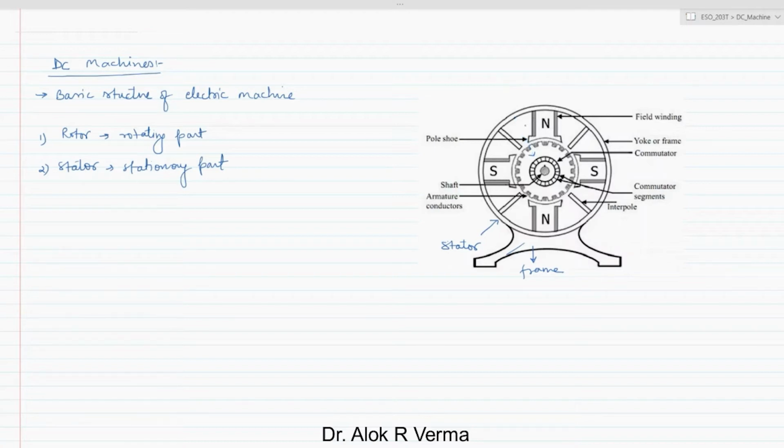The stator has magnetic poles extruded, which are stationary, and the rotor is rotating. The stator and rotor are separated by an air gap. You can see this gap. This is the air gap.